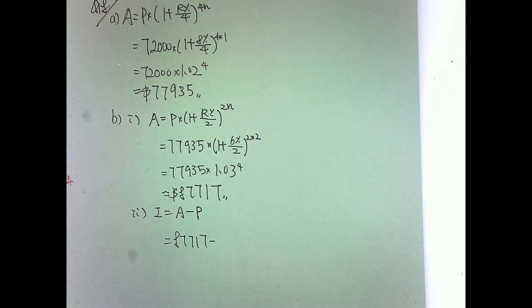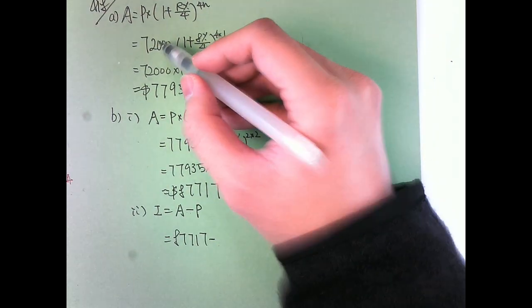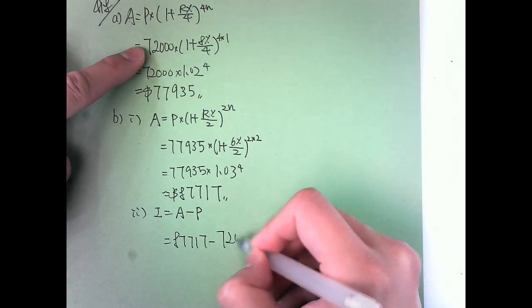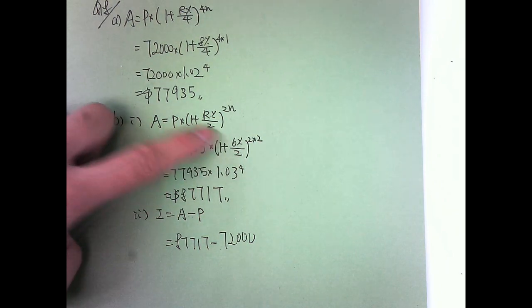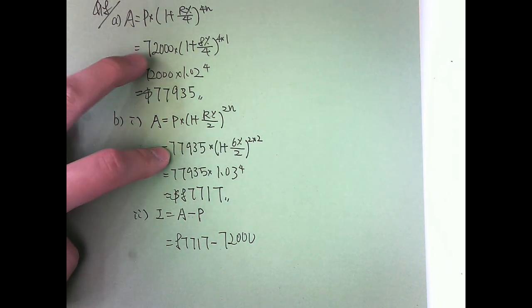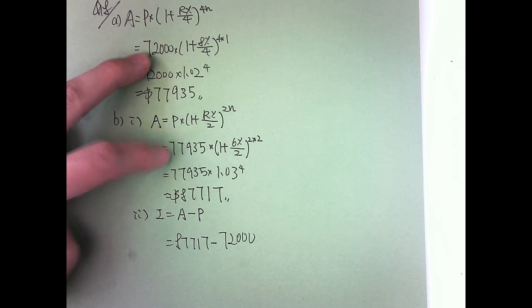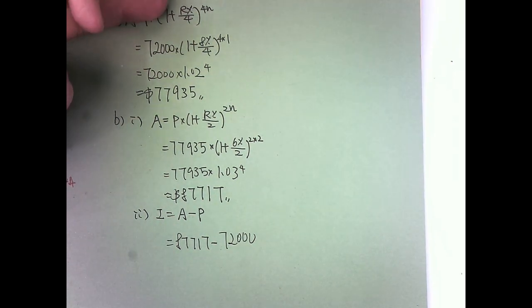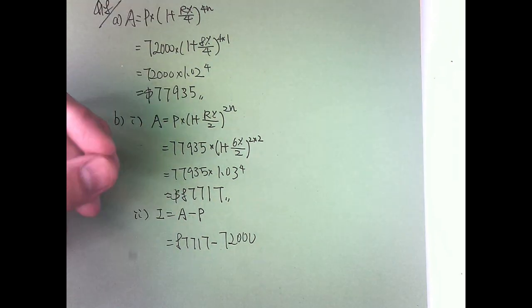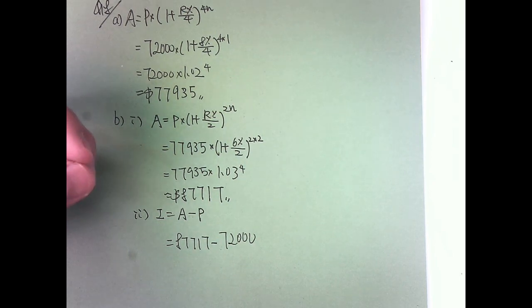So this P meaning what? Meaning the very original amount. This. Not this, because look at this, this amount contains some of the original principal. But the question is asking you over all 3 years, meaning from here to here, the total interest you earned.